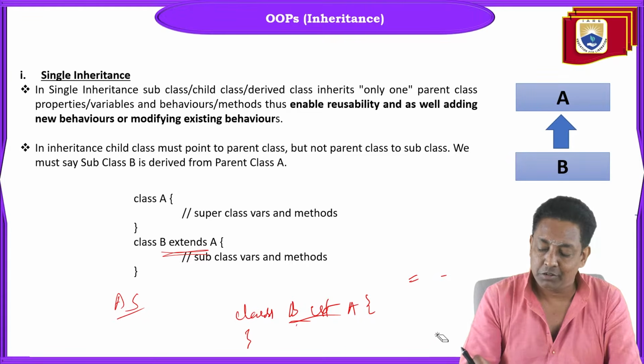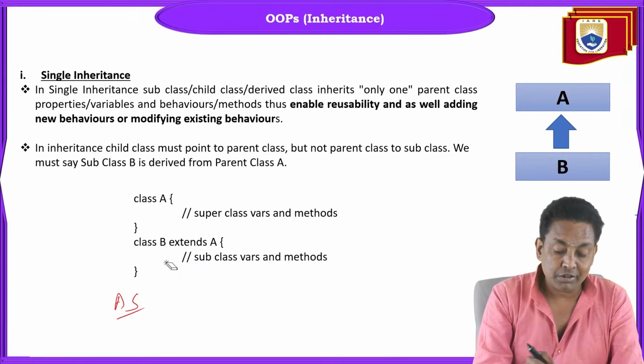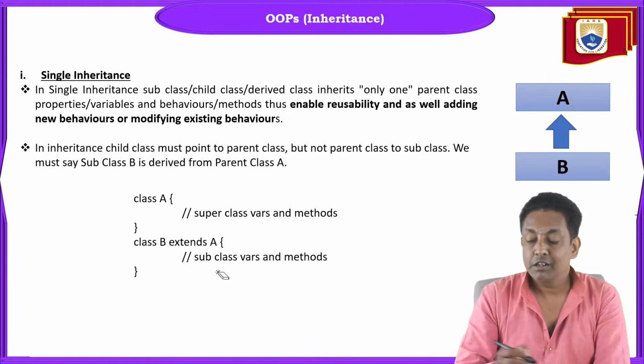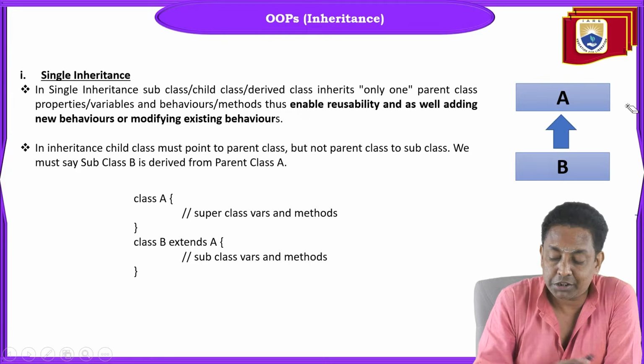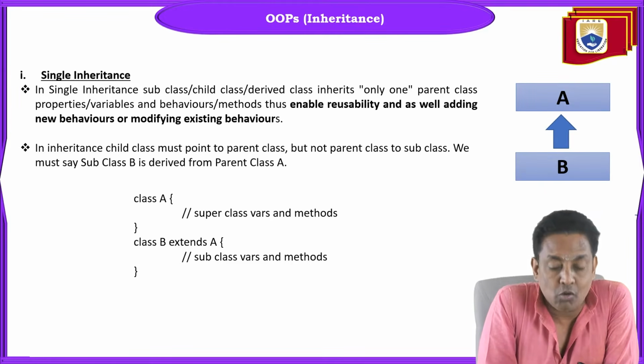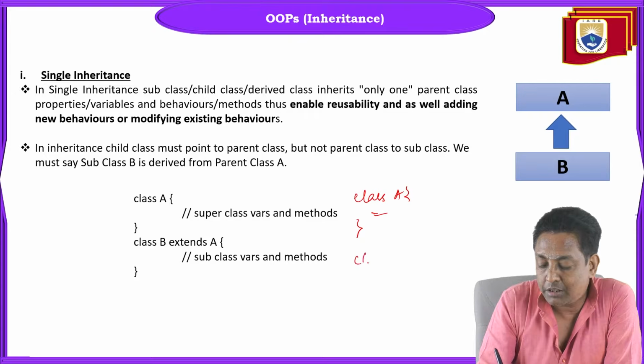So no superclass knows the subclass count, but a subclass knows its superclasses. So we represent it like this: a solid line with an arrow triangle tip pointing to the superclass. That is the inheritance representation. In Java, to write code for that, you write class A with some variables and methods. Then you write class B extends A.